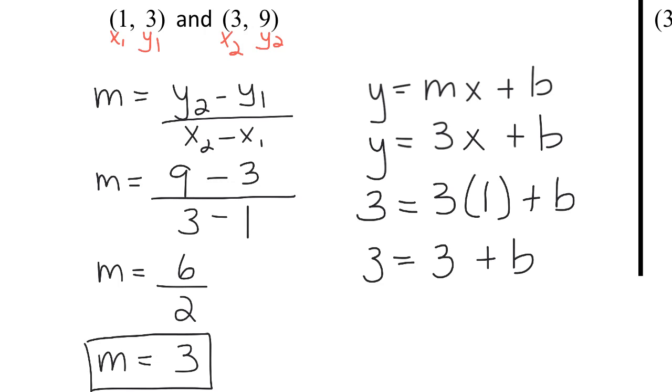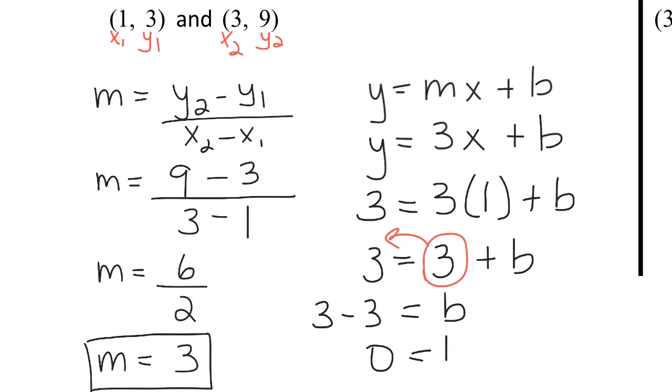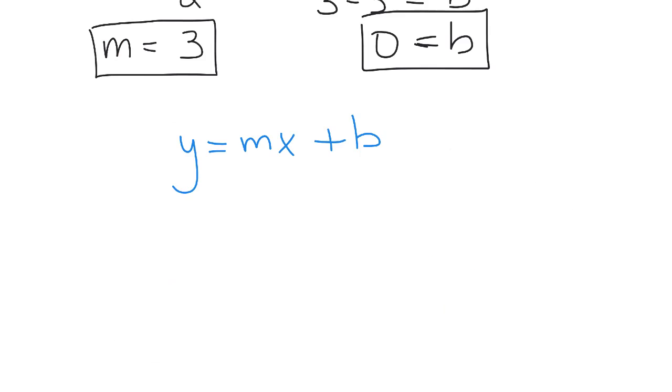If I bring 3 over to the left-hand side, that becomes 3 minus 3, and 3 minus 3 is 0. So my b value is 0. Our final step, as usual, is to write our final equation now that we have values for both the slope and the y-intercept.